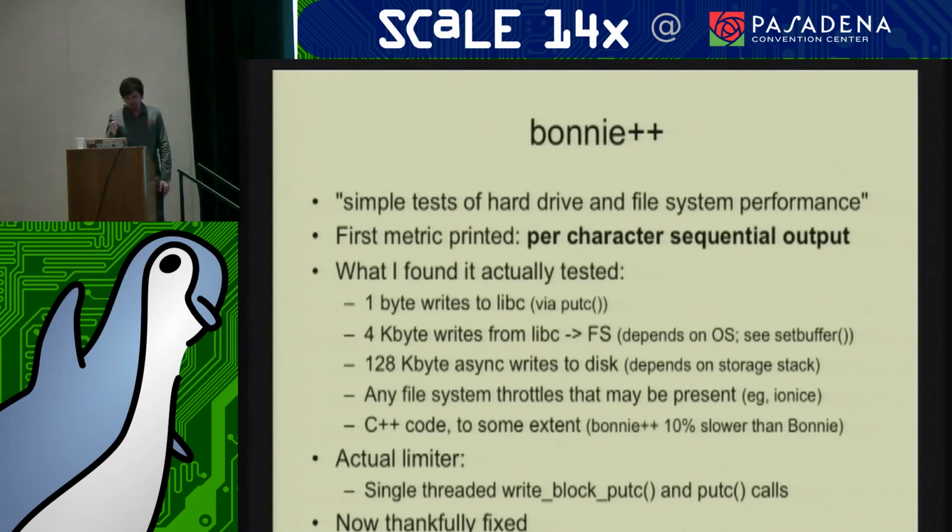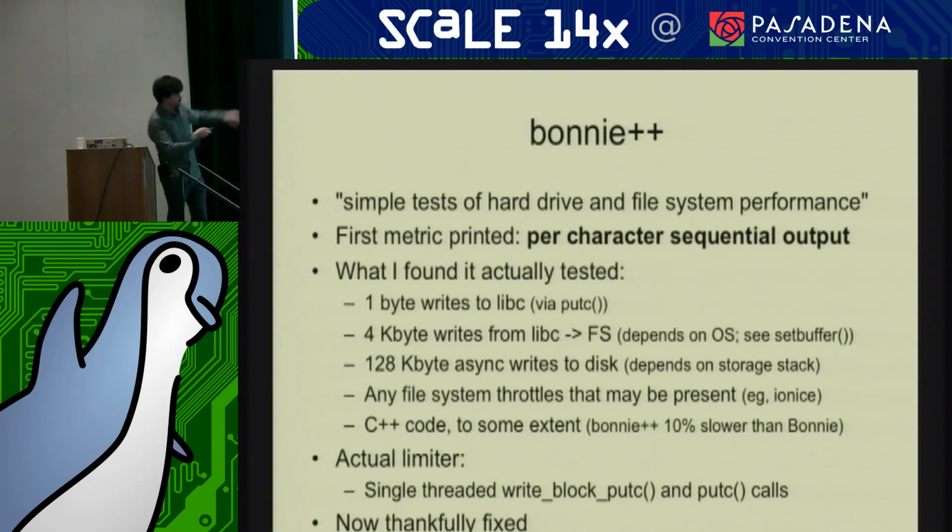I found that what it was actually doing was 1 byte writes to libc via putc. libc would then buffer it, and by the time libc talked to the file system, it was doing 4 kilobyte writes. The file system and volume manager did their own buffering and on-disk placement and grouping, and by the time it talked to the disks, it was doing 128 kilobyte asynchronous writes.